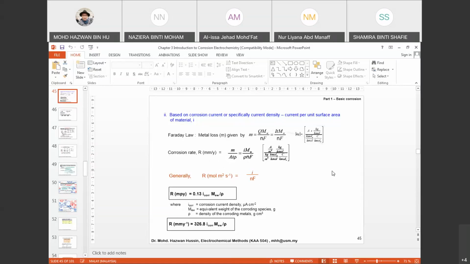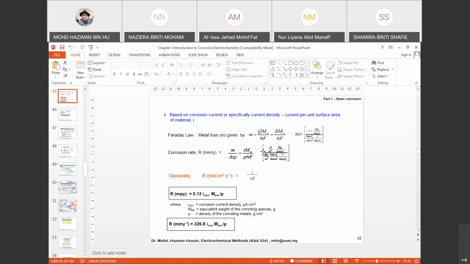I think yesterday, Madi was asking me about the relation of this formula. Corrosion rate R in MPY unit equals 0.13 multiplied by corrosion current density multiplied by equivalent weight over density. You cannot actually relate these two formulas. The reason is because this formula is generated from a naturally occurring process, which is weight loss.